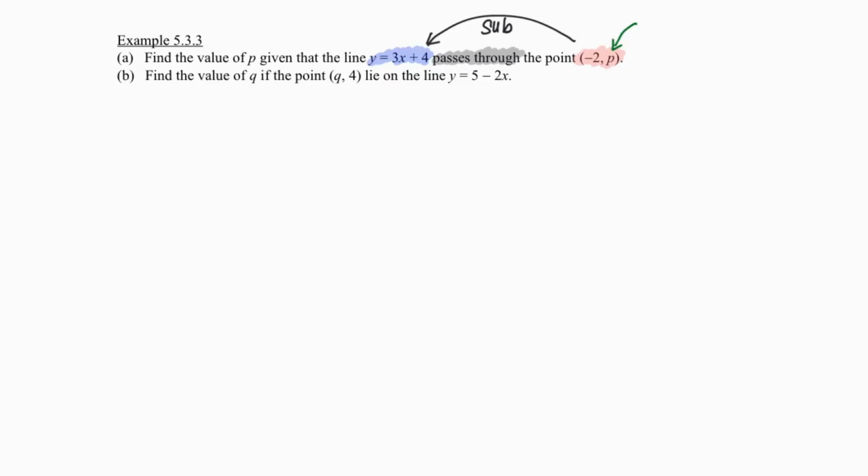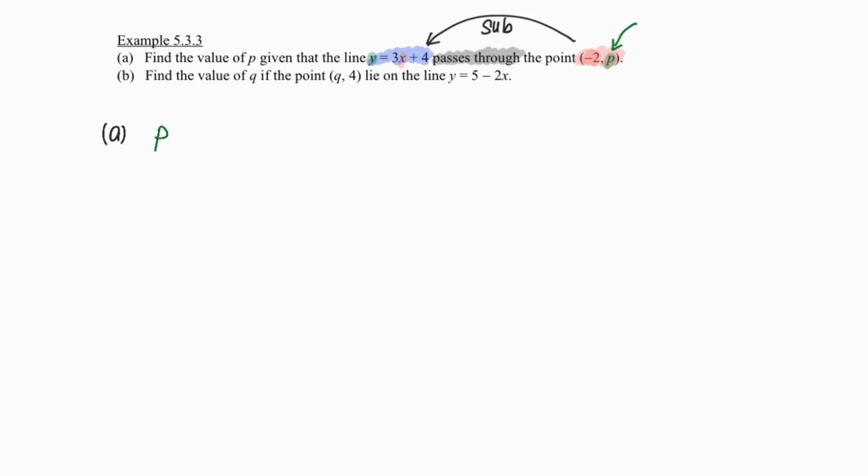Okay, so as you can see, my p, I'm going to substitute as y, and my x value I'm going to substitute in as well. So for part A, it's pretty straightforward.